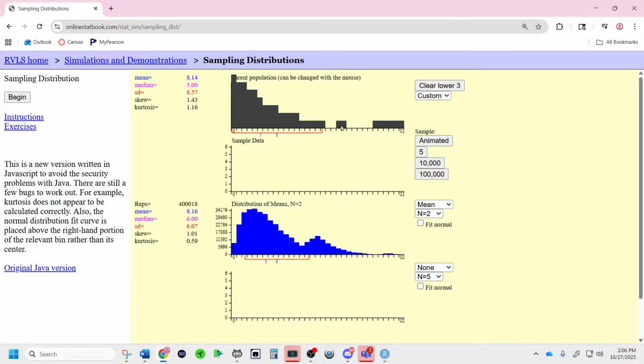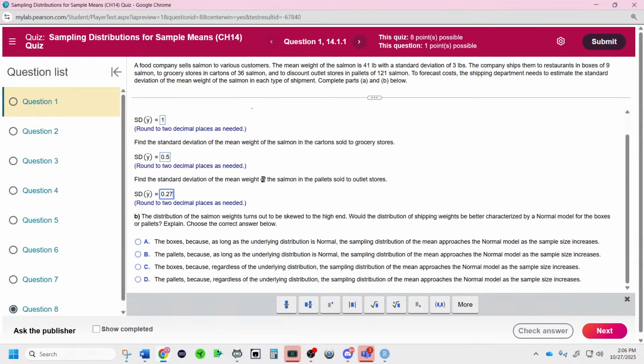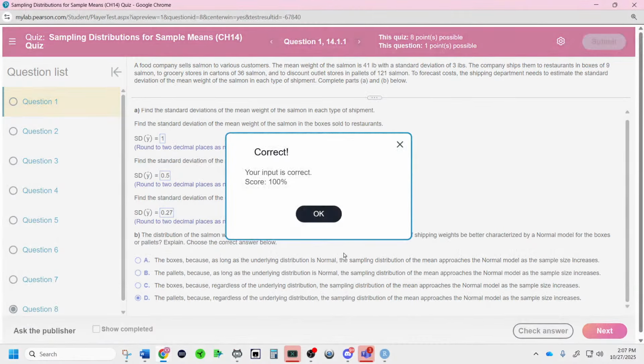It won't be nearly normal if the underlying distribution is very skewed. So when we do larger samples, it becomes more and more normal, and this is the distribution of means of a certain sample size. At a larger sample size, the distribution of means, not the original data, becomes more normal. So the answer for which one will be most normal is the biggest one, the pallets, because regardless of the underlying distribution, it'll become more normal.